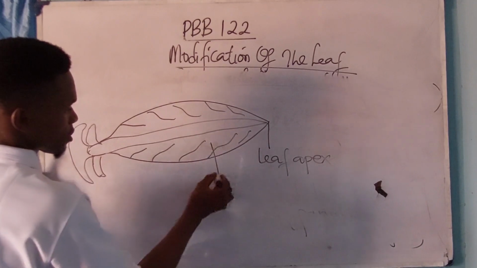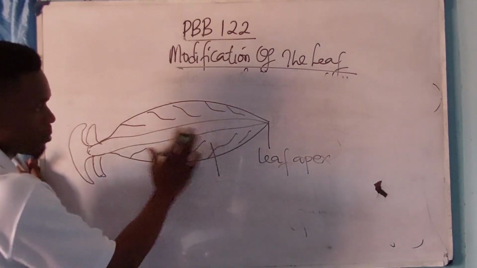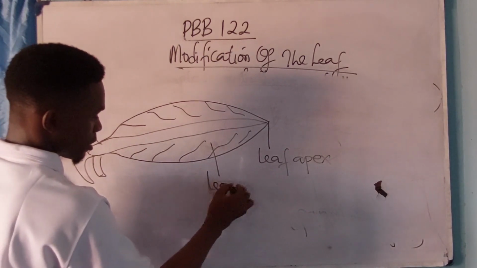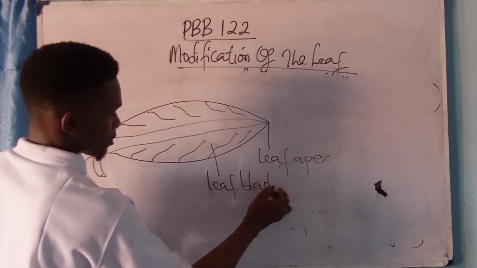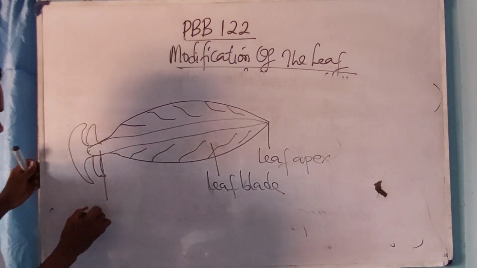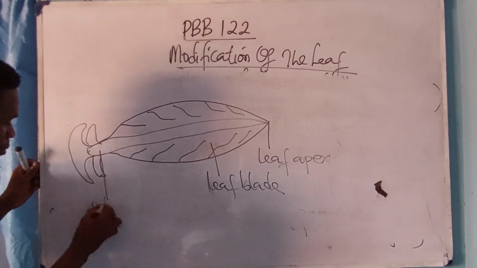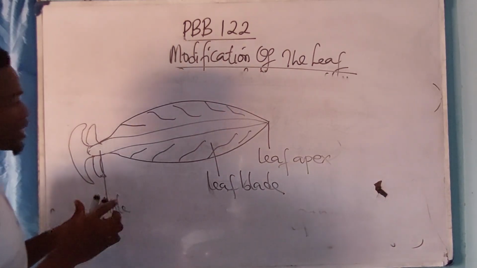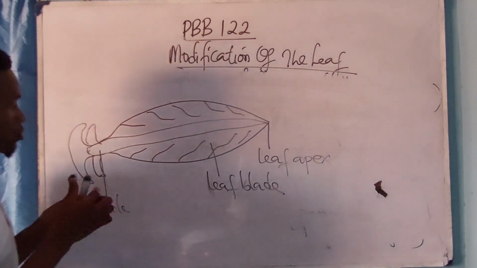This flat and wide part of the leaf is called the leaf blade. This part is called the petiole. The petiole holds the leaf erect and exposes it to sunlight.